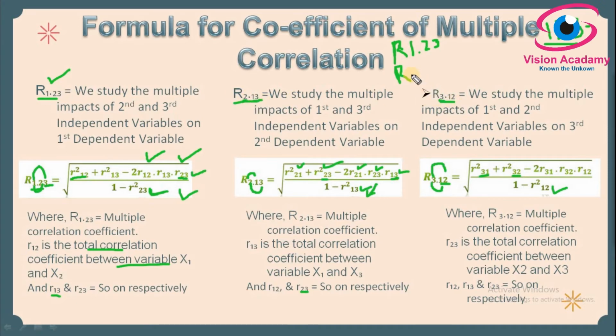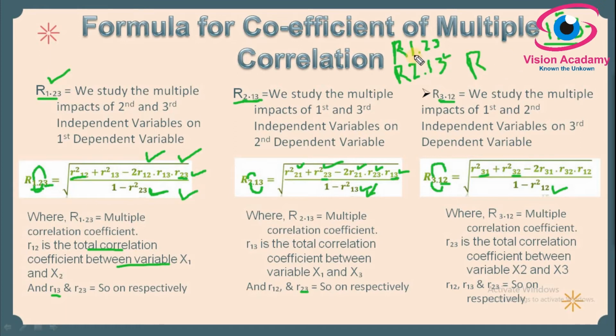Again for the second, we have considered 1 already as a dependent variable. Now we have to change that combination, and the second element is 2. I will consider the dependent variable as 2 here, and the remaining are 1 and 3. So the second option is over, then only one option is left, that is R3.12. I will tell you how to formulate this.